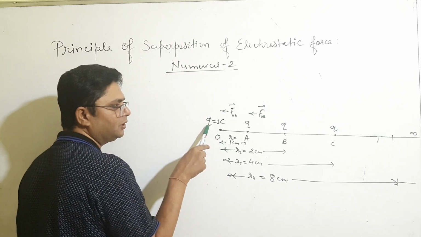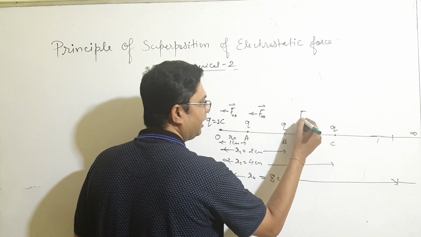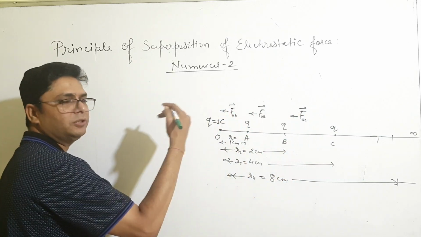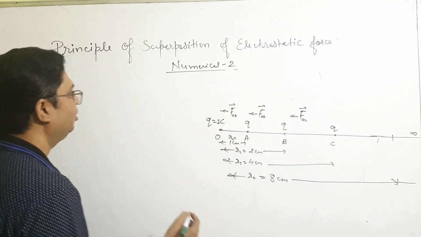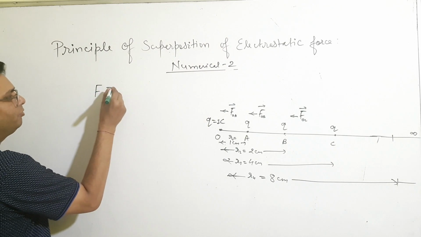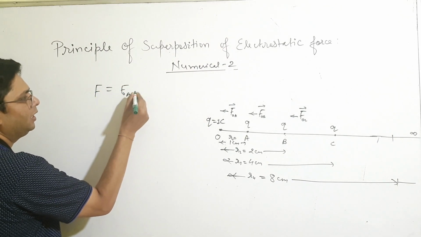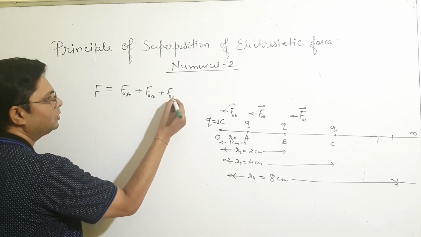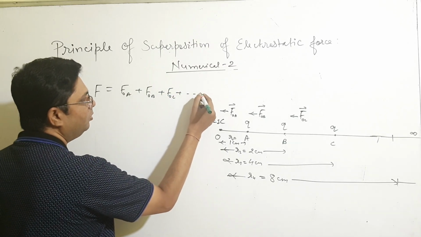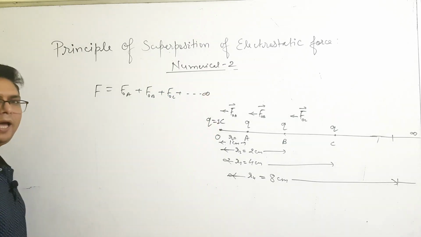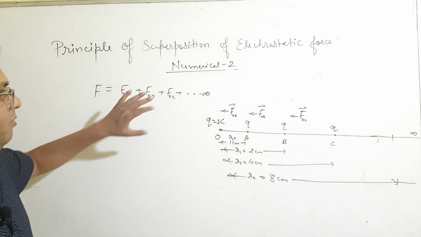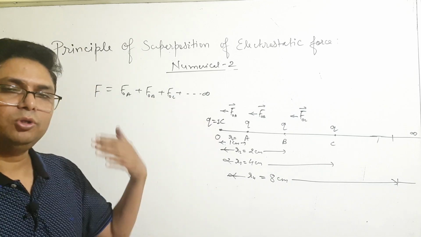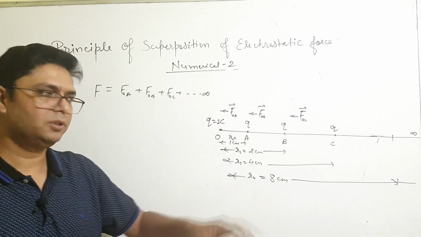The force acting on charge Q due to the charge at C is F OC, direction this side. All the forces are in the same direction. So you can write force F equals FOA plus FOB plus FOC plus dot dot up to infinite. Here I am not using the vector sign because all the forces are along the same direction.